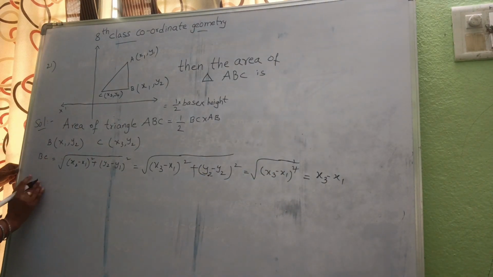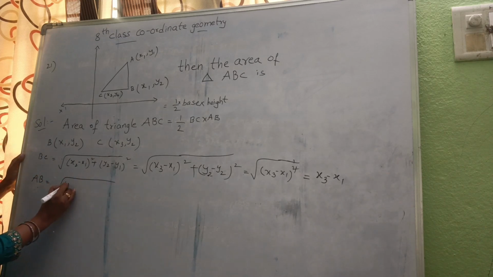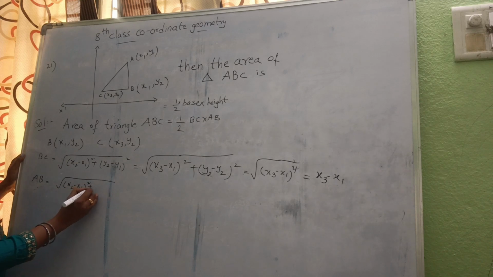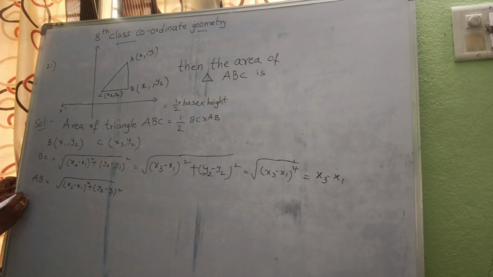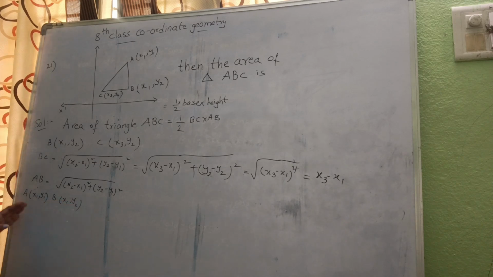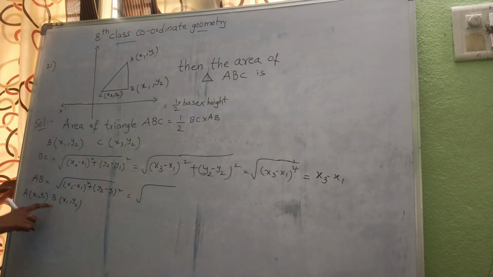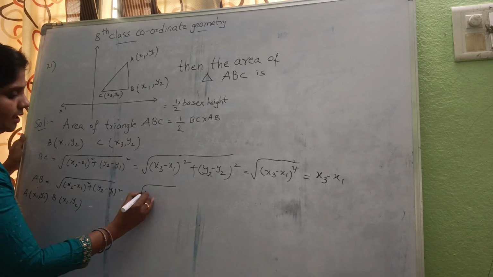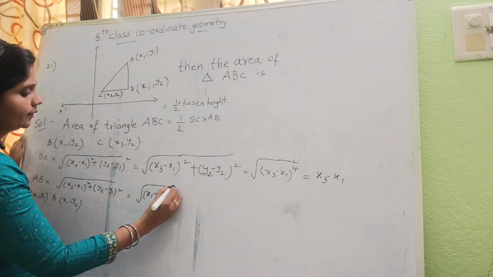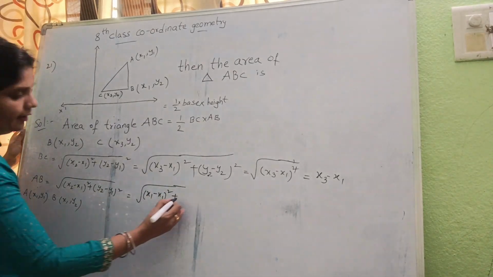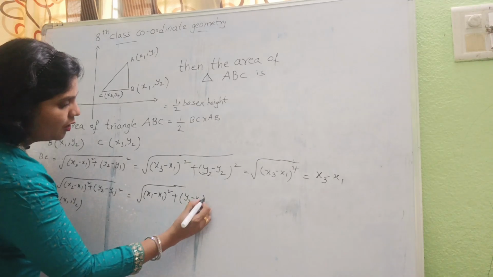Next, AB. What is the distance of AB? Root of x2 minus x1 whole square plus y2 minus y1 whole square. AB coordinates: A is x1, y1 and B is x1, y2. We substitute these coordinates. Both x values are x1 only, so x1 minus x1 whole square plus y2 minus y1 whole square.